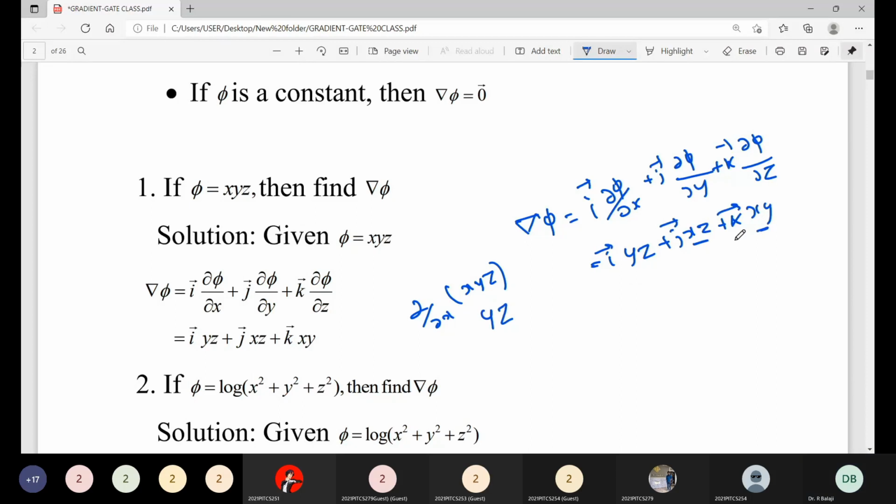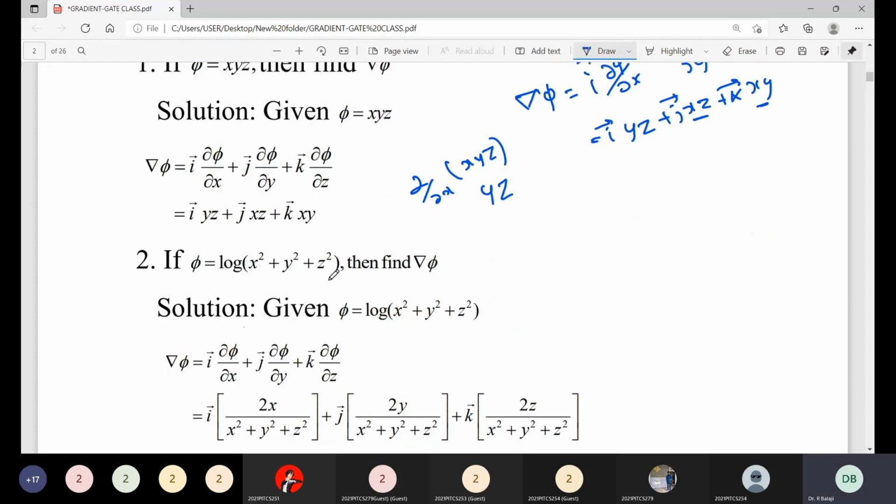If φ is equal to log of (x² plus y² plus z²), then find del φ.